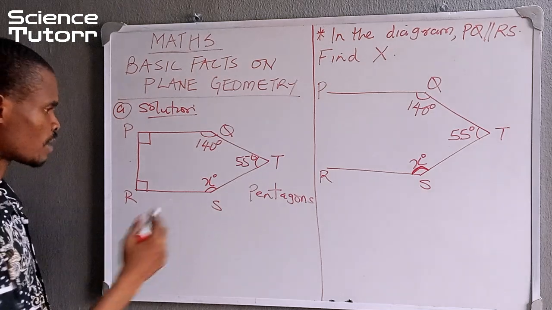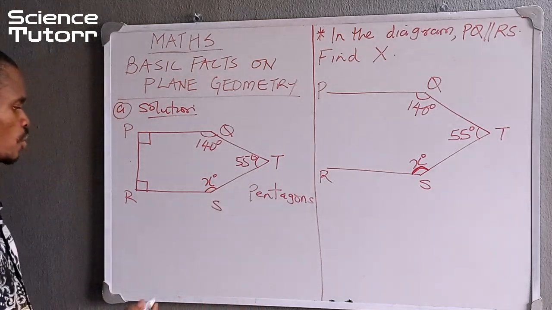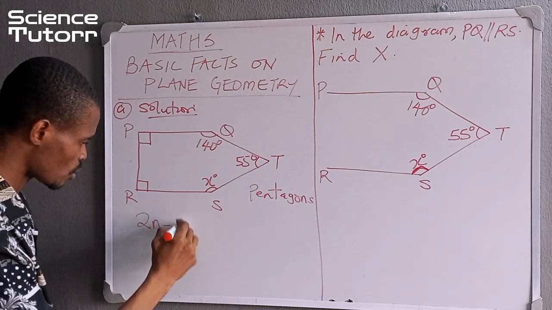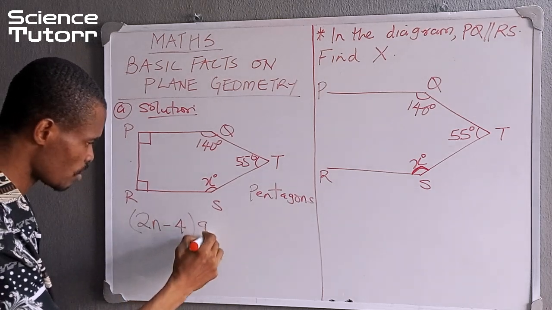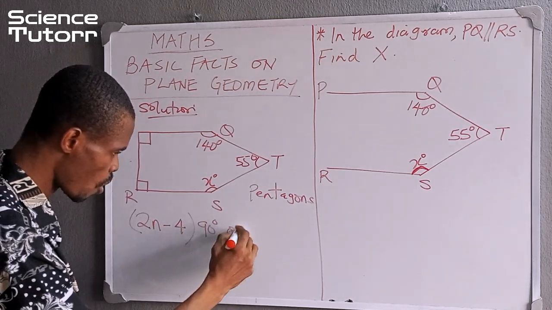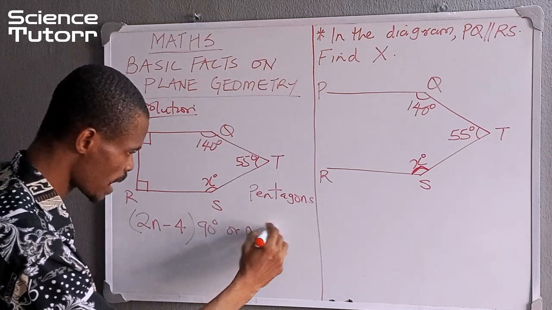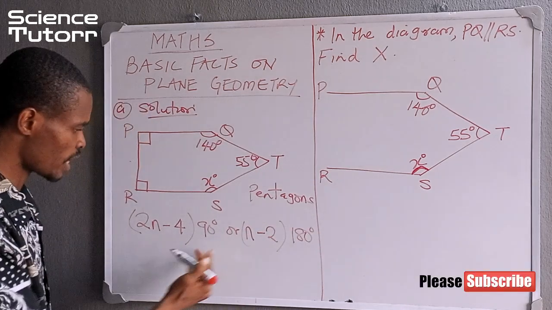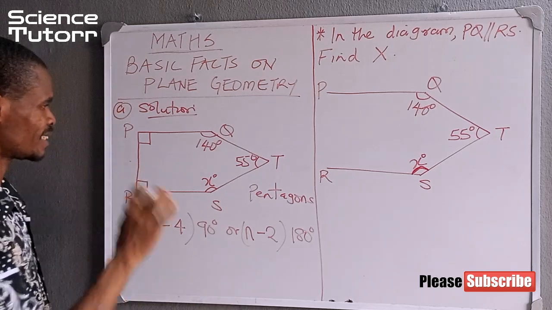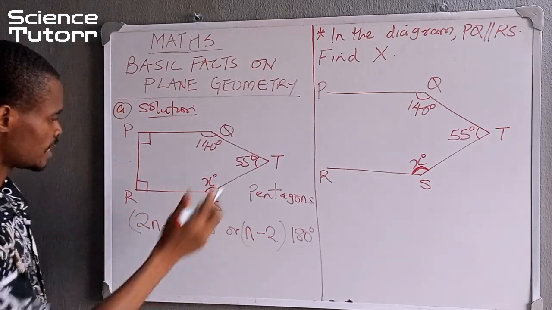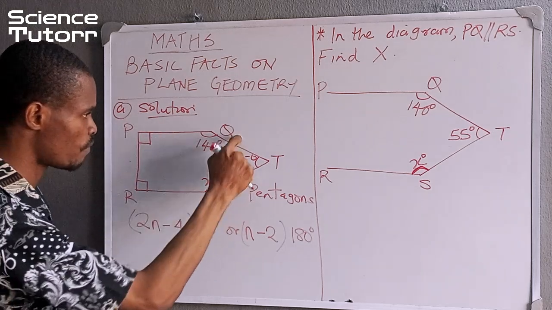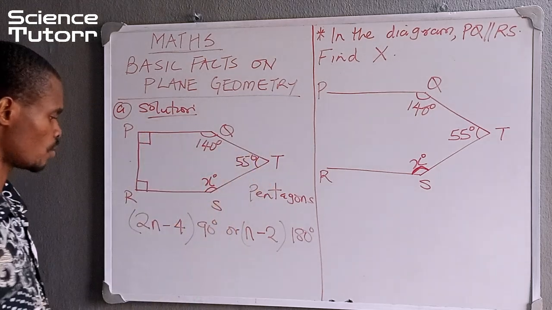The general formula for a polygon is 2n minus 4 right angles, or n minus 2 times 180 degrees. So that gives us the sum of the angles a polygon has. In this case, n is 5 because we have 1, 2, 3, 4, 5 sides and 5 angles.